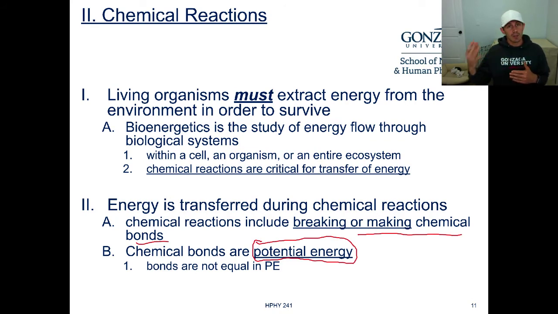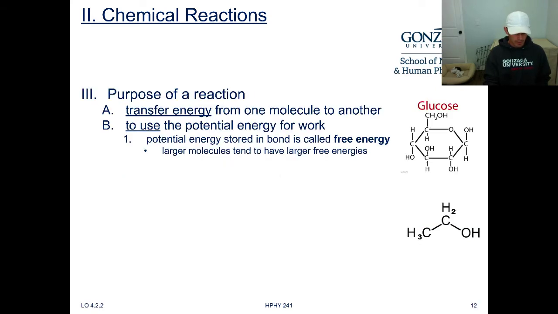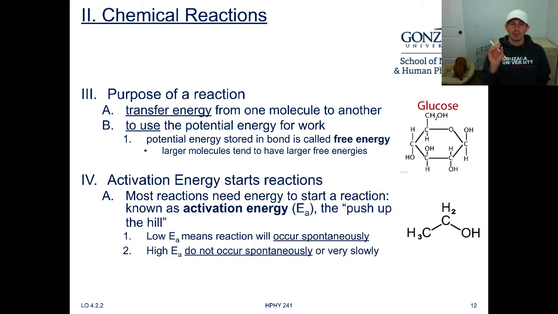Some are higher energy bonds, some are lower energy bonds, and we'll talk about that here in a little bit. Okay, so we now know that making or breaking bonds allows us to transfer or convert energy in our cells. So let's do a deeper dive into some of the types of chemical reactions that are behind these making or breaking of bonds.